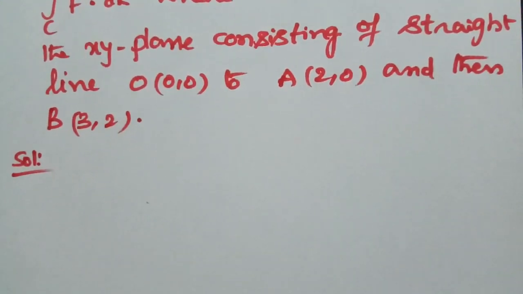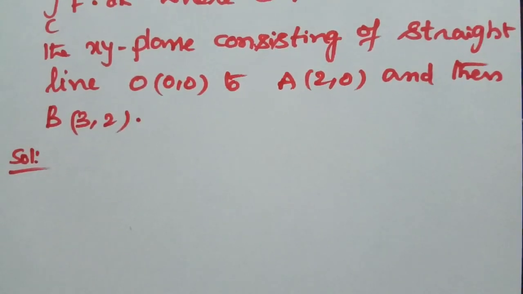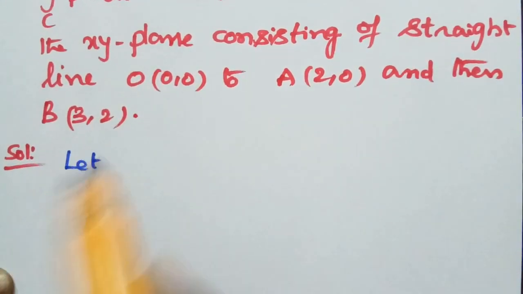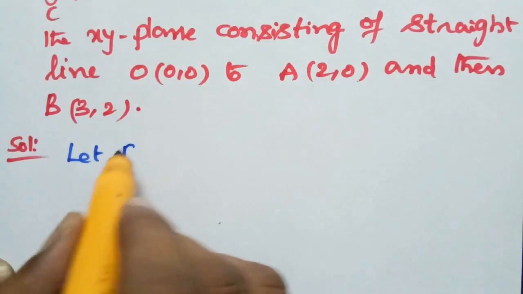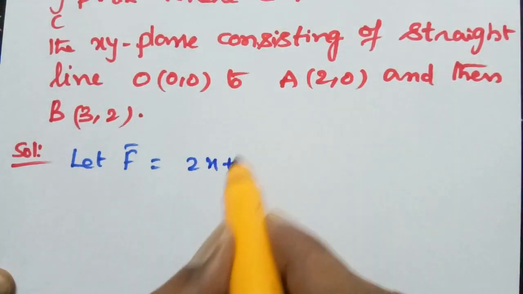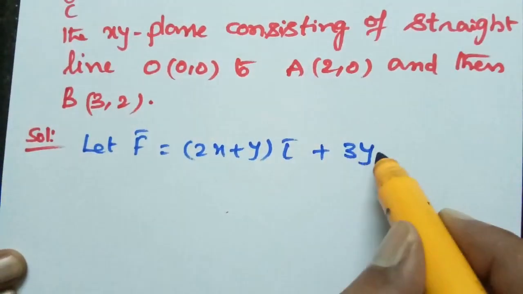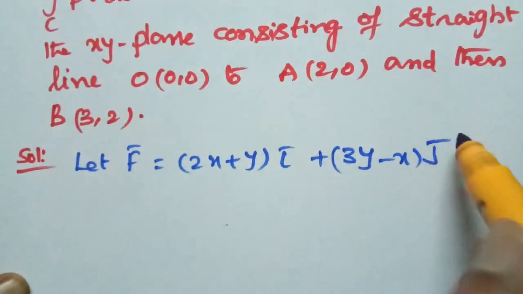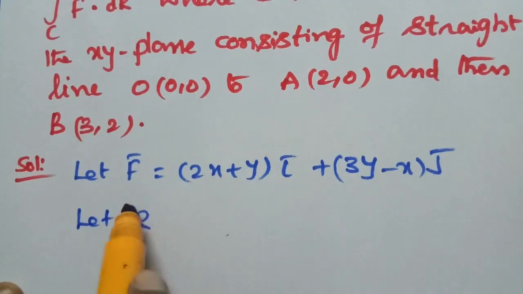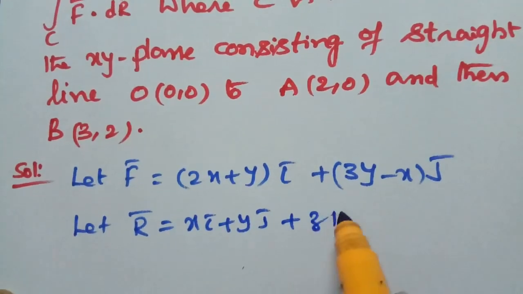Solution. First write down the given equation. Let f bar is equal to 2x plus y i bar plus 3y minus x j bar. Let r bar is equal to x i bar plus y j bar plus z k bar.